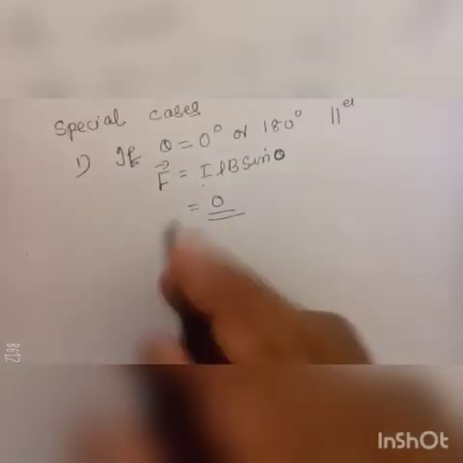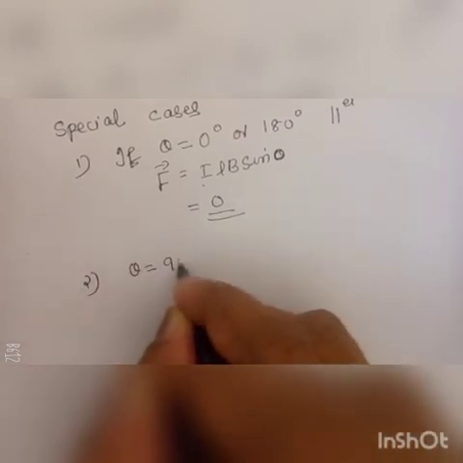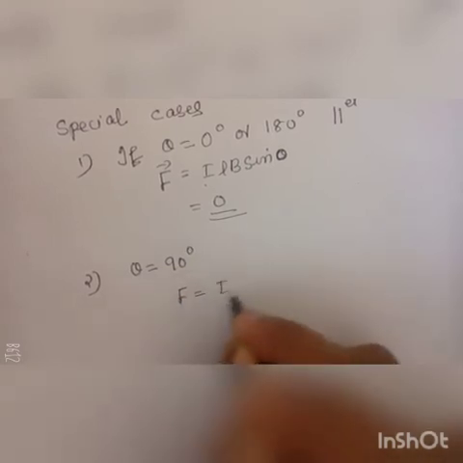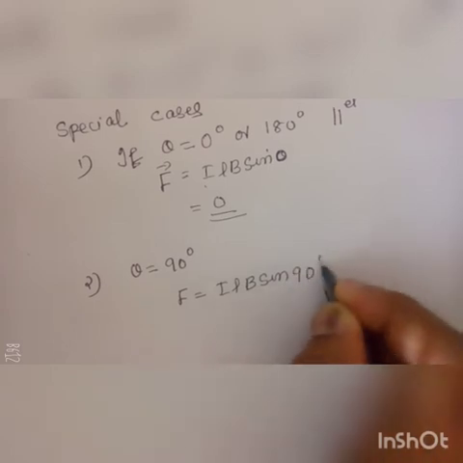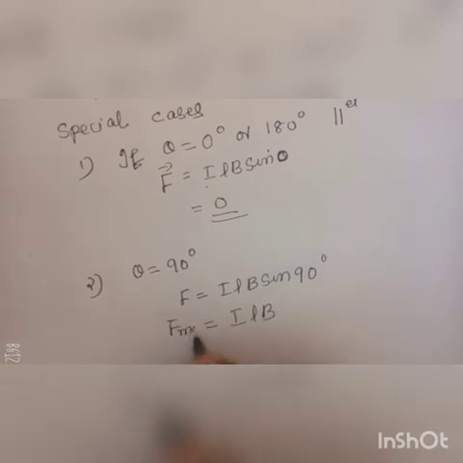The second case, if theta is equal to 90 degree, then F is equal to I L B sin 90 degree, which is equal to I L B. That is, F is maximum in that case.